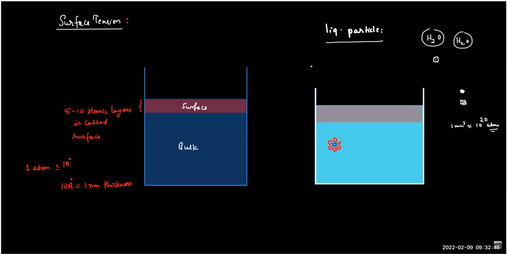Now between these pairs of particles, they attract each other, and this attraction we call cohesive force. How do we define the cohesive force?